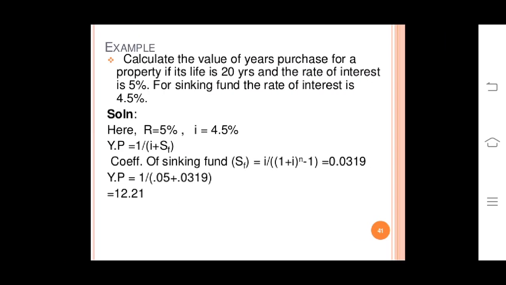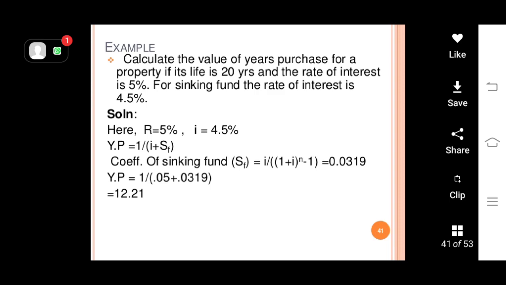Example for calculating year's purchase. Calculate the value of year's purchase for the property if the life is 20 years and the rate of interest is 5%. For sinking fund, the rate of interest is 4.5%. Here, value of R is 5%, I is 4.5%. Year's purchase can be calculated by formula 1 upon I plus SF.